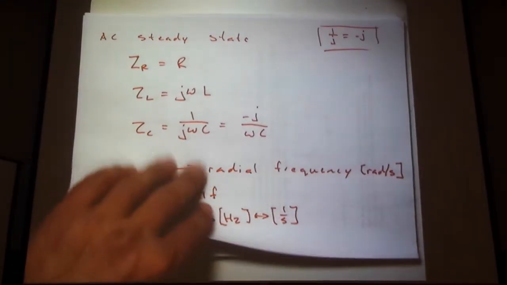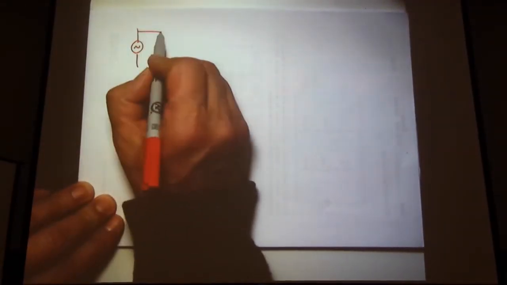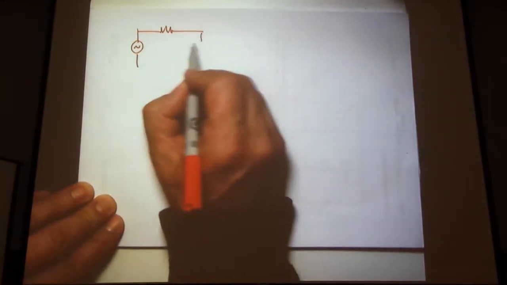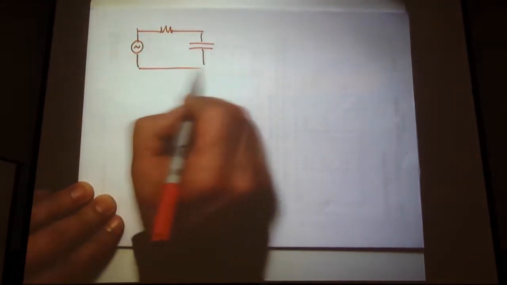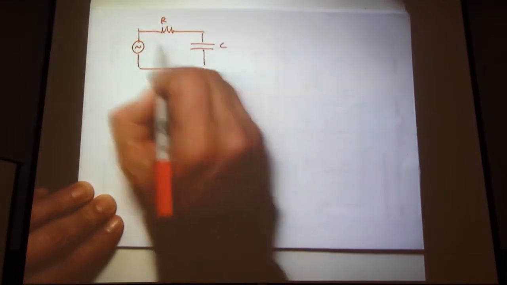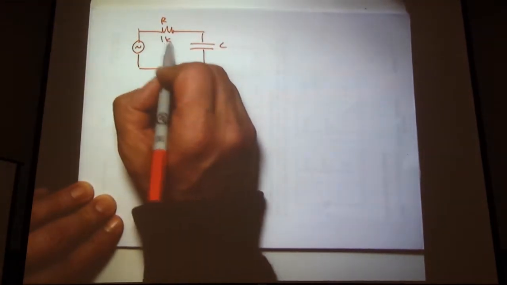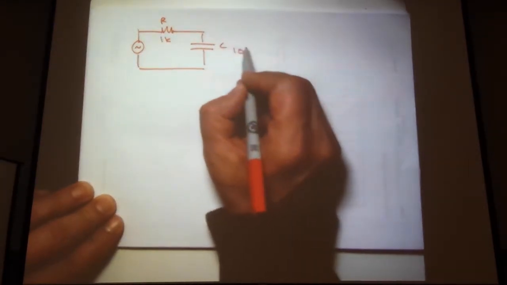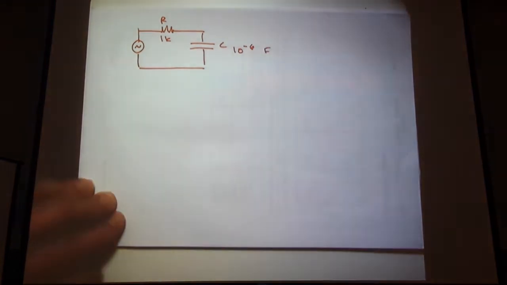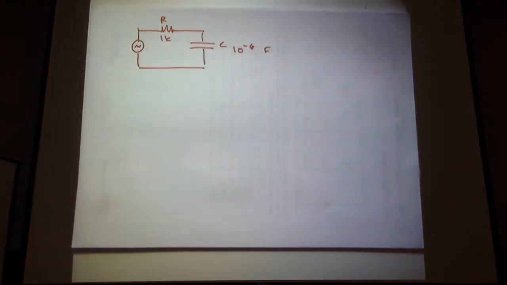And so if we think of a simple circuit, let's go and revisit our friend, the RC circuit. Let's make that 1K and this 10 to the minus 6 farads. And so what are we looking at now?